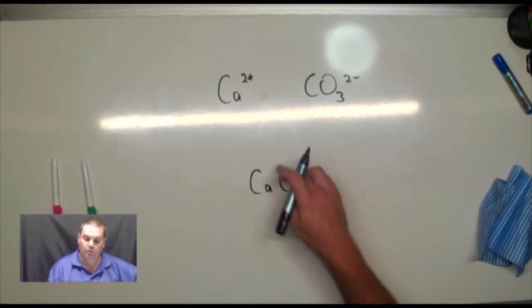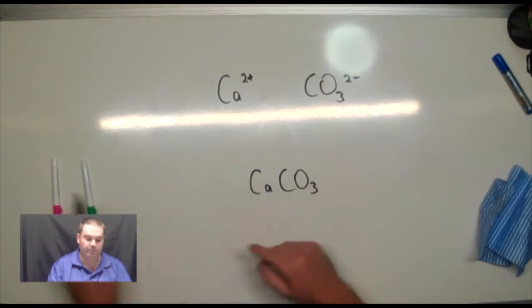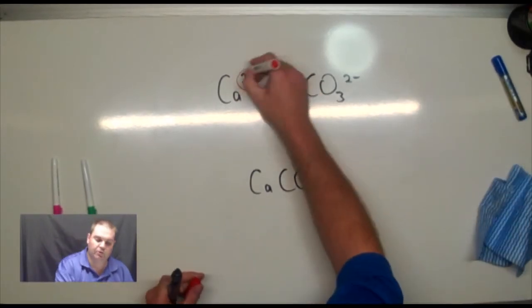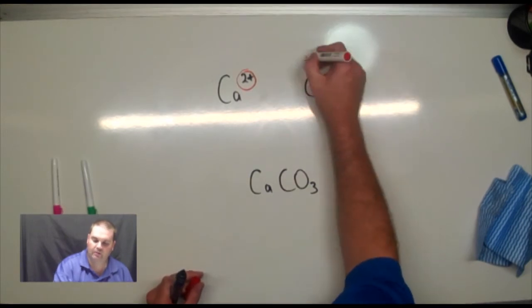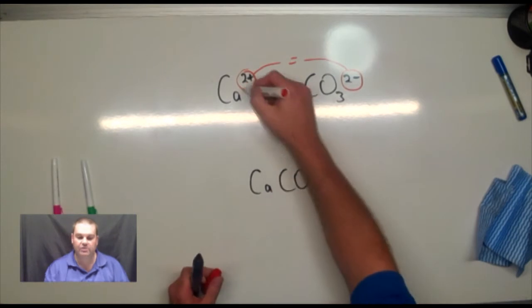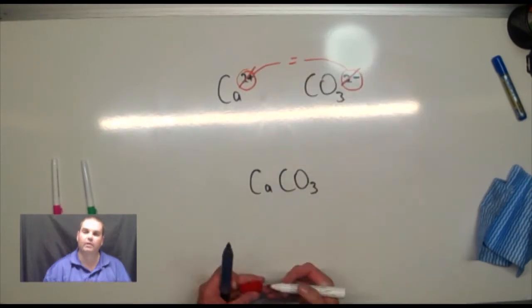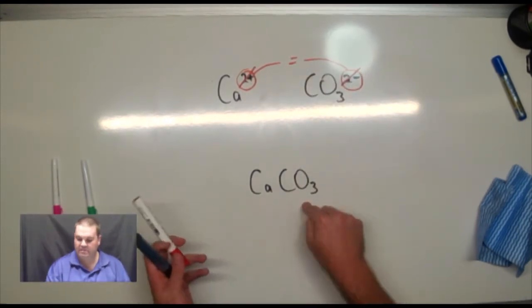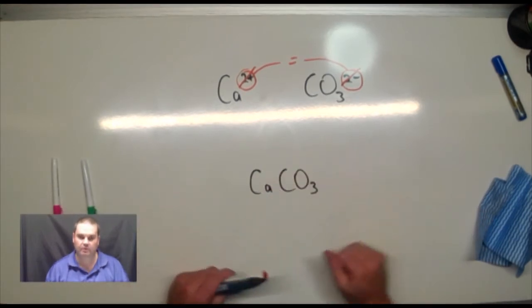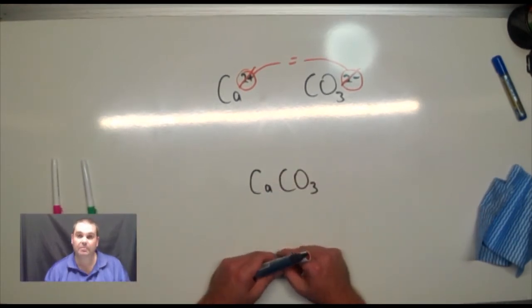Normally we'd put the brackets in and go from there, but look: we've got a 2 there and a 2 there, those are equal. Equal charges cancel out straight away, so all you have to do is leave it as CaCO3. Don't need to do anything else than that. No brackets, no nothing. And that's really simply how you write formulas.